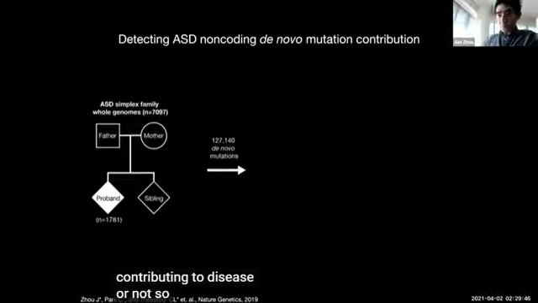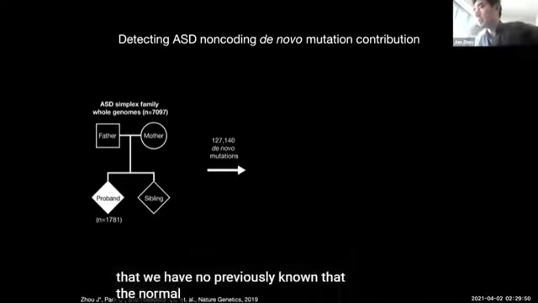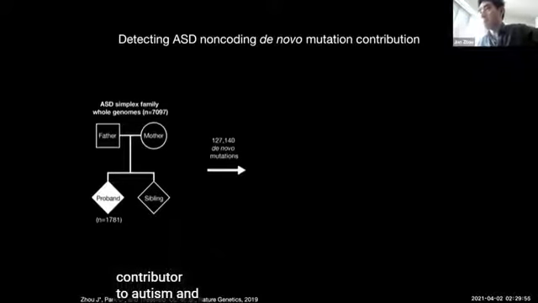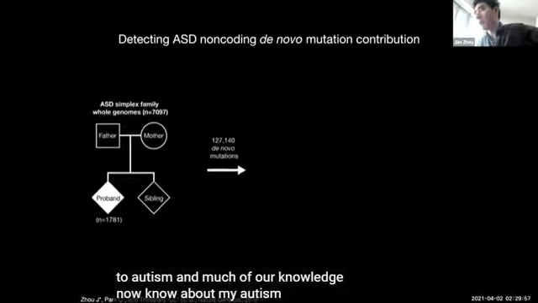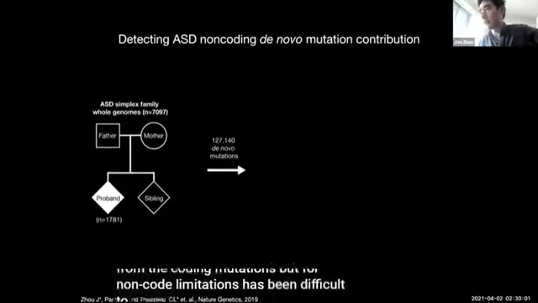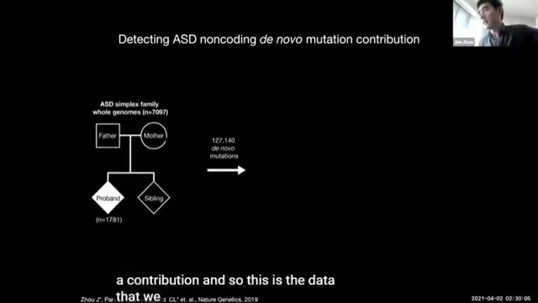So in the case of autism, we have previously known that de novo coding mutations are the major contributor to autism. And much of our knowledge now about autism is learned from the coding mutations. But for non-coding mutations, it's been difficult to detect a contribution. And so this is the data that we have.